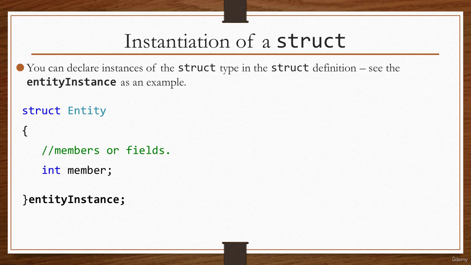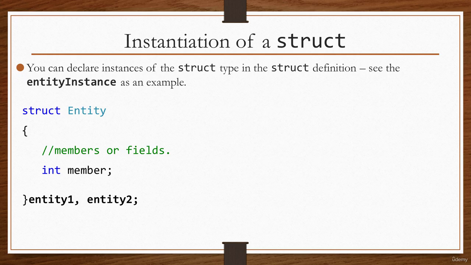This is also a list, so you can have multiple ones here, entity1, entity2, and so forth, separated with a comma. So a comma separated list of objects or instances of this particular custom type of ours, entity. So that is why we end off the definition of a struct with that semicolon, following the closing brace, because we can put some instances within that.